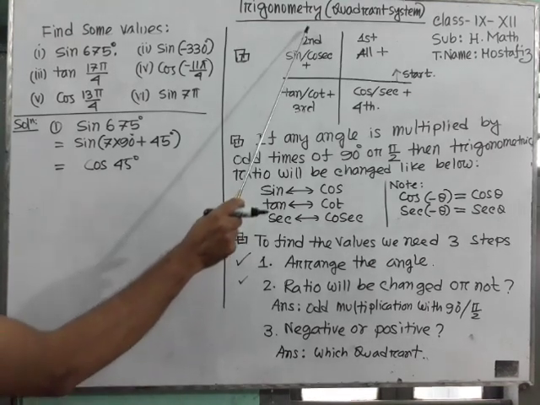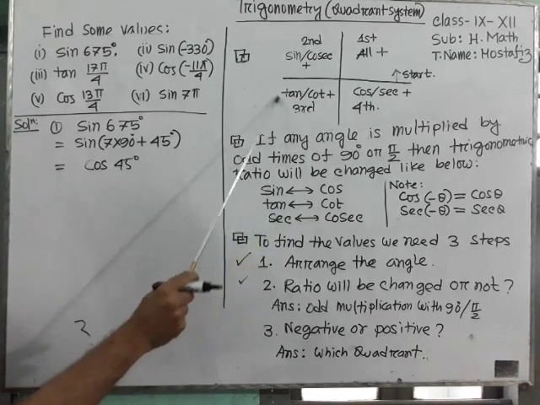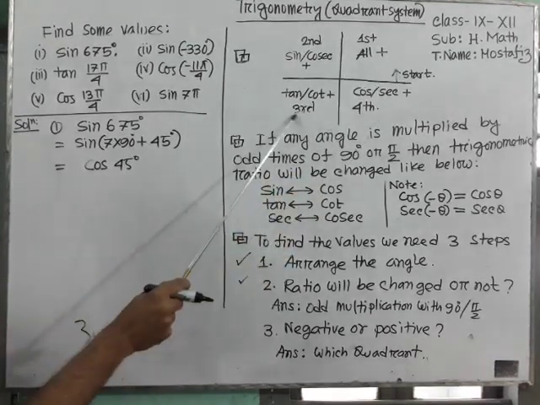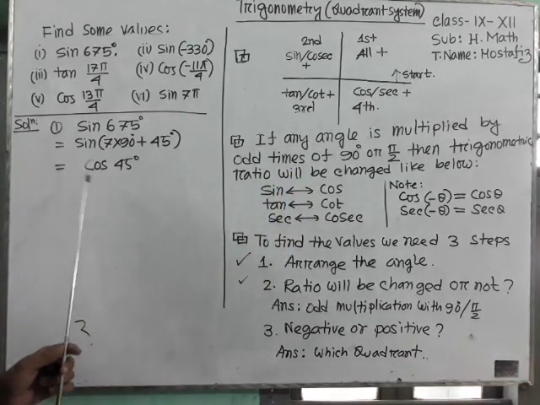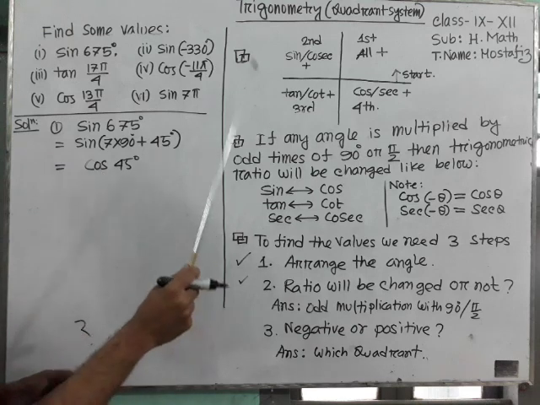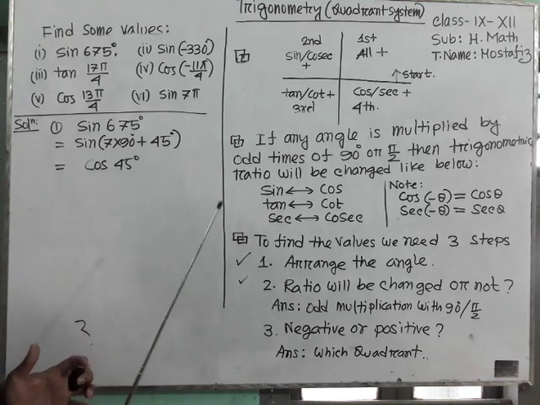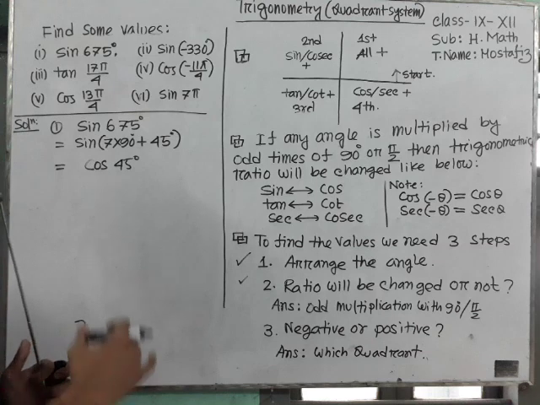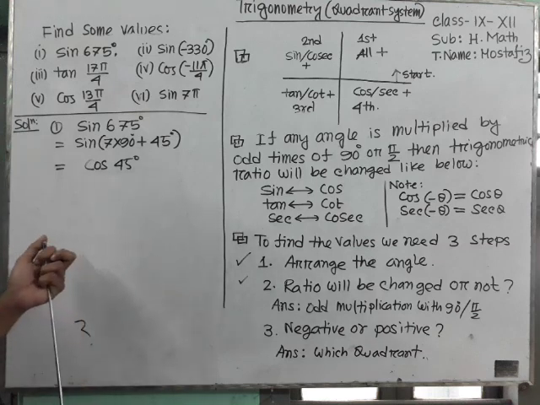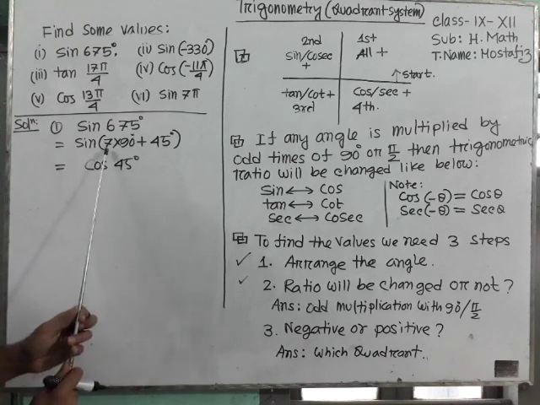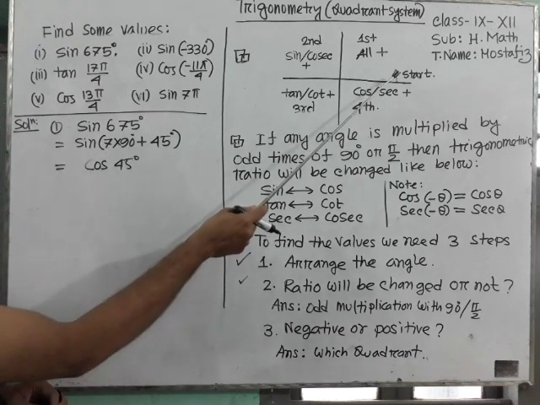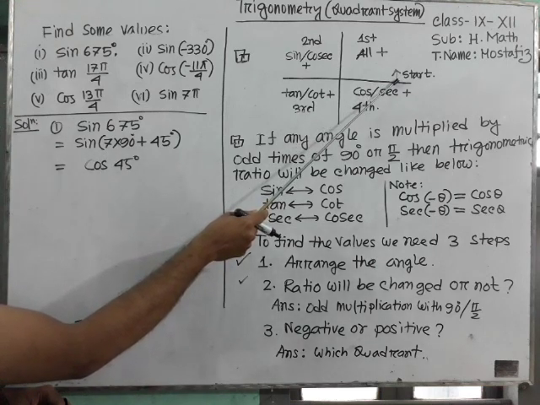And last of all, the third step: negative or positive. We know that negative or positive will be decided from here: if any trigonometric ratio lies in its own area, then it will be positive, and when it is not in its area, then it will be negative. Here we can see 7 into 90 degree. You just have to start from here. How many?